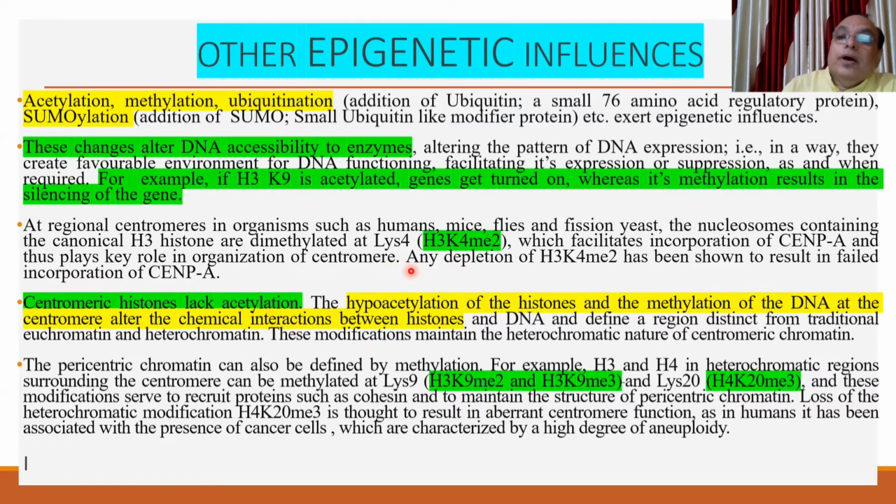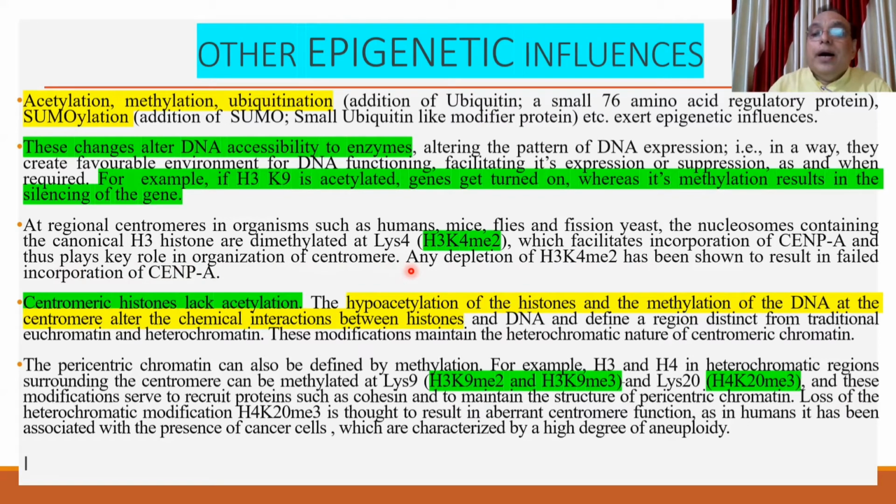Now, you can see how these roles are intertwined around each other. Very interesting. I have told you earlier that it is the attachment of CENP-A to a particular stretch of DNA that imparts centromeric property on that stretch of DNA.